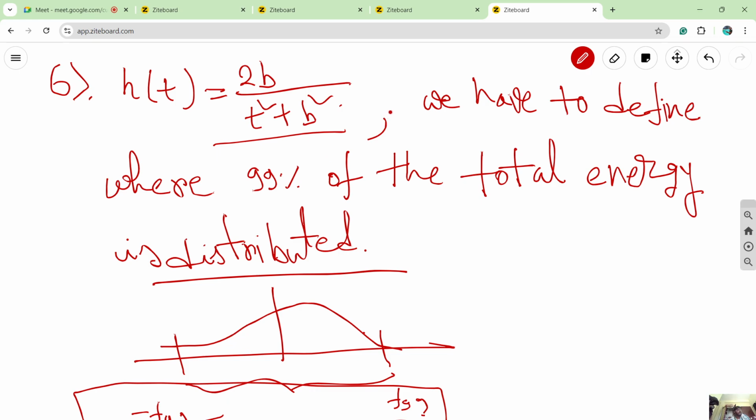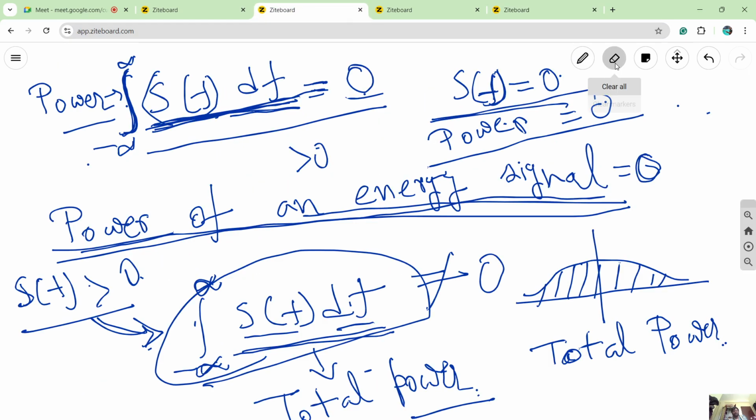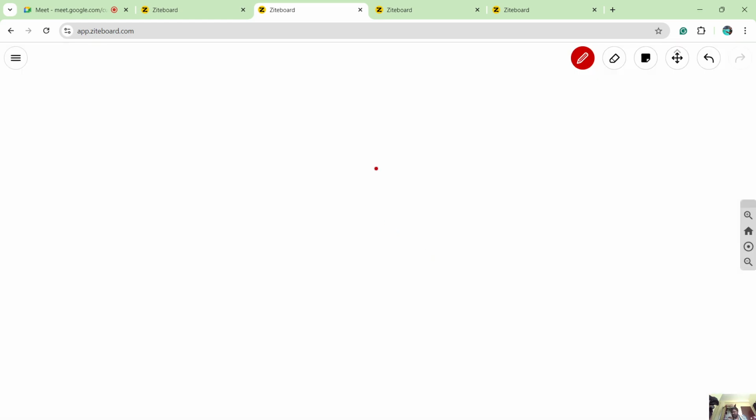Okay, so basically, I'm not going to solve the whole question, but I'm going to tell you how to do it. So we have to take, suppose this one, minus F99 to plus F99.